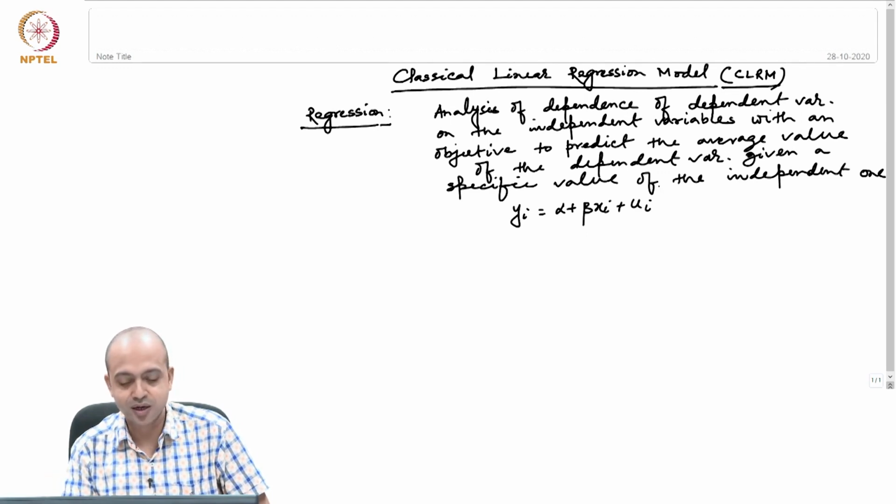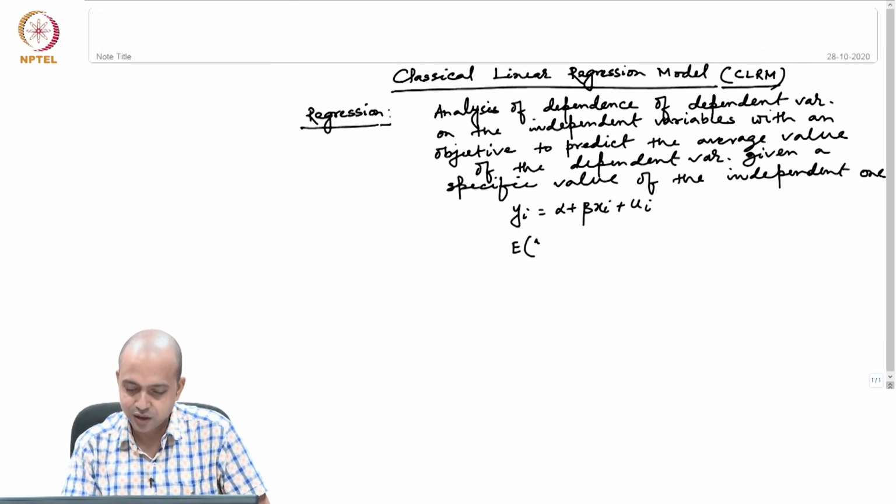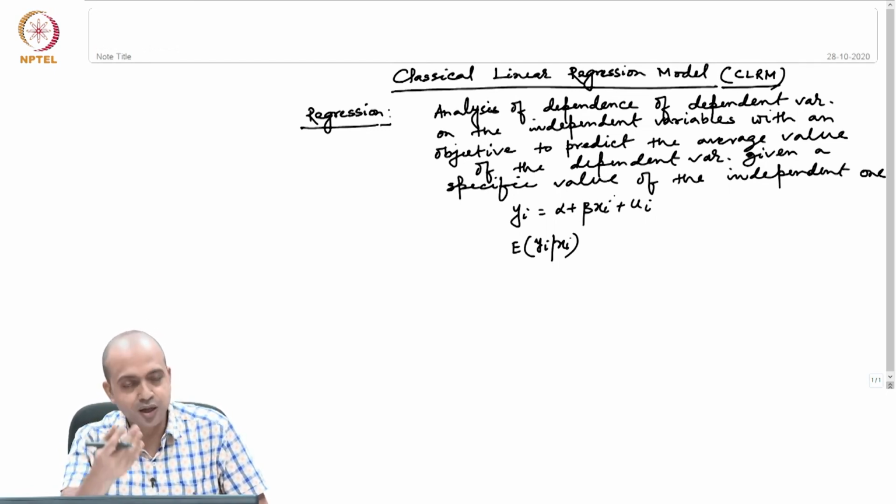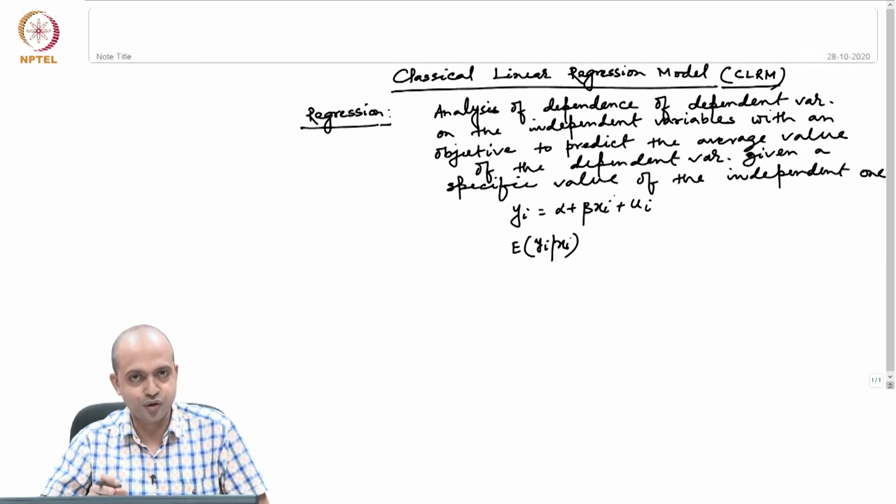That is why we say it is the analysis of dependence of y on x, with an objective to predict the average value of y given xi. That is the objective. This is called regression analysis. This is the modern meaning of regression analysis, and the earlier meaning introduced by Francis Galton is actually quite different from this analysis.